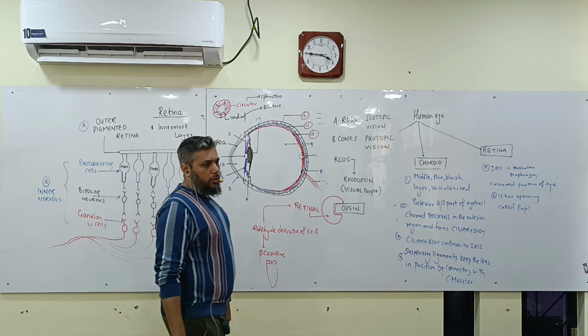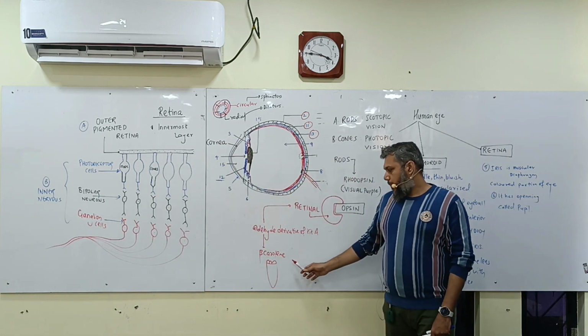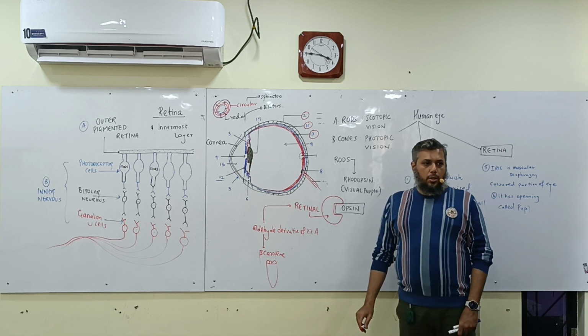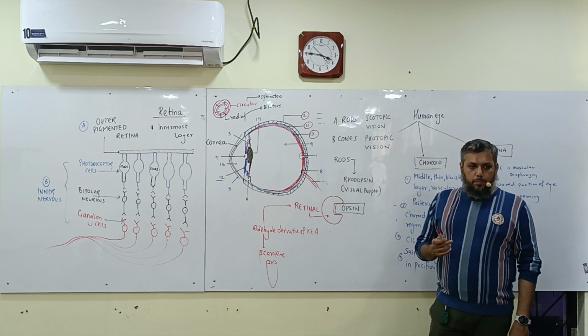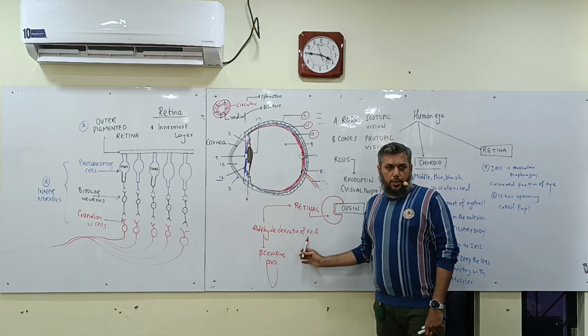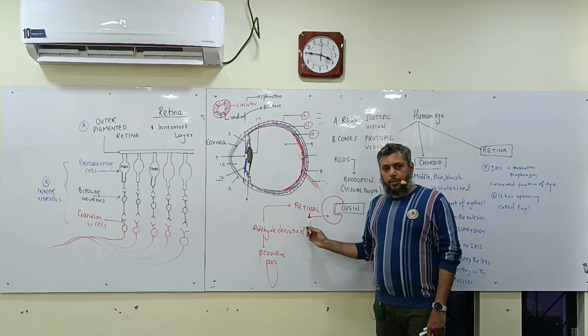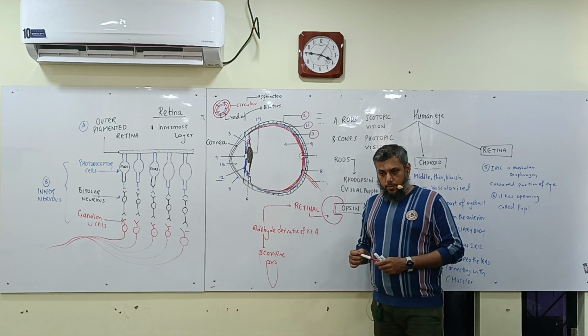So if you eat a lot of carrots, what are you provided with? Beta carotene. And the beta carotene is a precursor for vitamin A. And the vitamin A will form retinal that will help you to see in darkness.